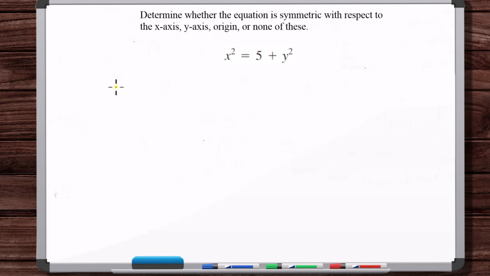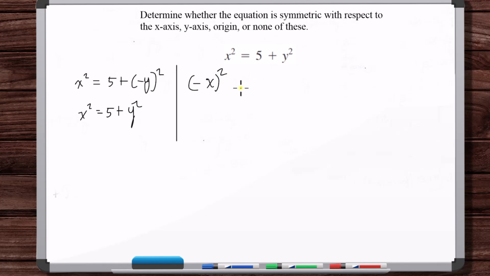Okay. This looks like it's going to be symmetric with respect to all three because you're squaring these two squares. Yeah. So checking symmetry with respect to the x-axis, let's replace y with minus y. Okay, so it's the same equation, symmetric with respect to the x-axis.